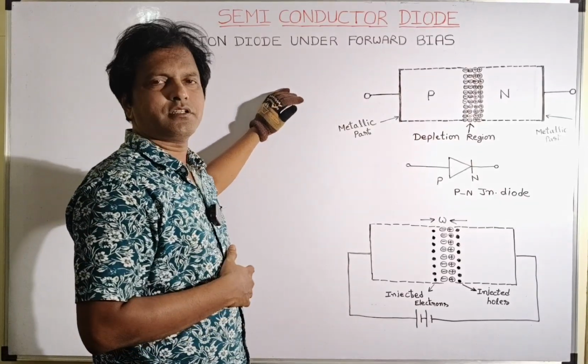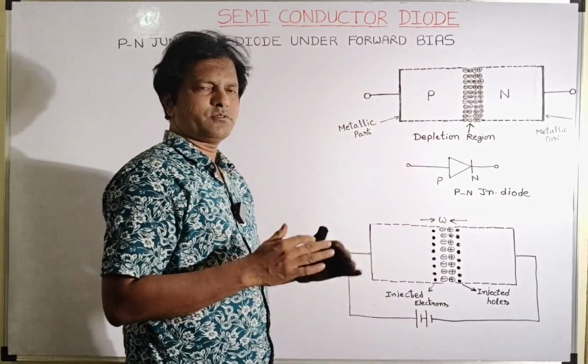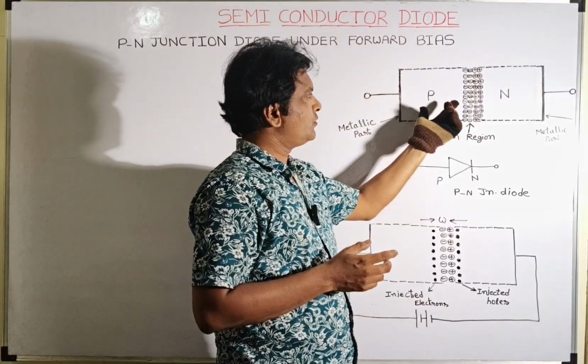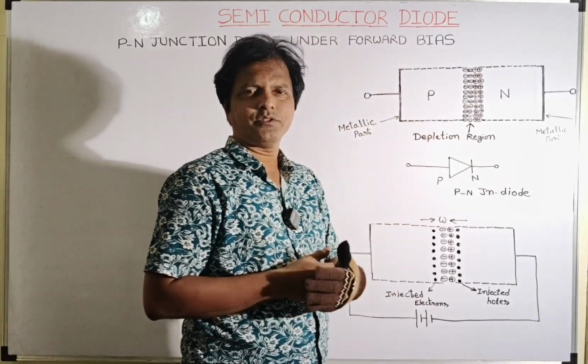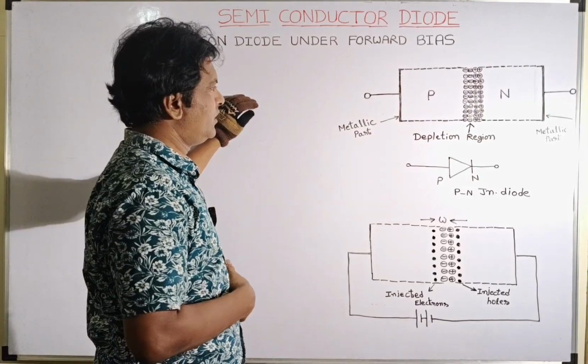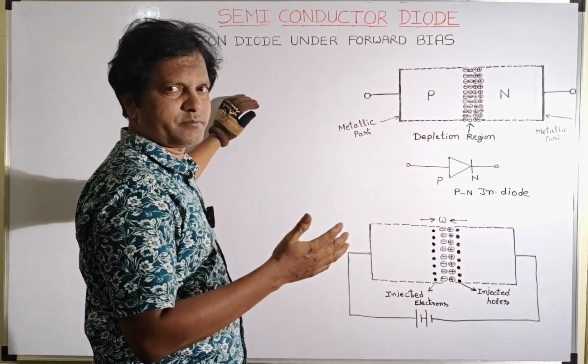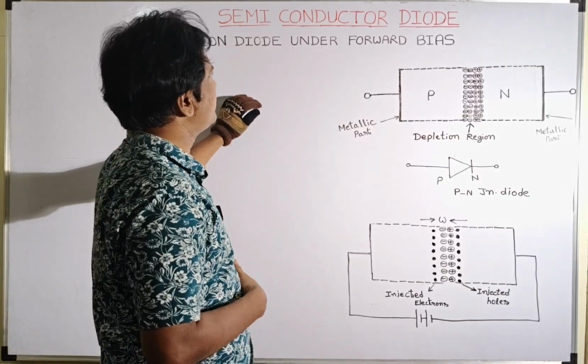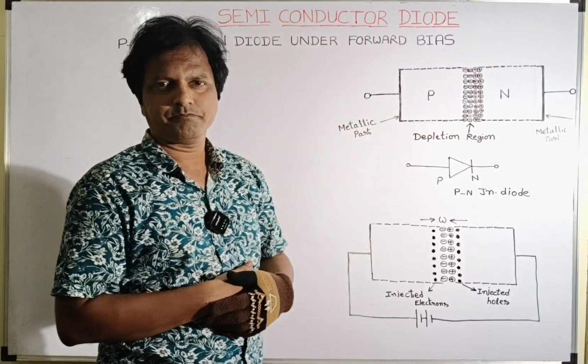Why do we supply external voltage? We need to study the current flowing through this junction diode. We need to study how much current flows, and how it flows, when we are biasing, meaning we are applying the external voltage.